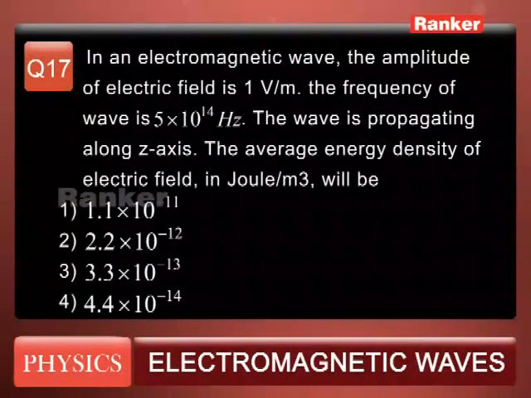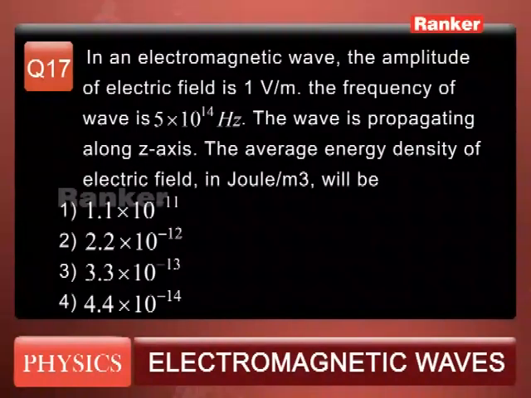The question number 17 is like this. In an electromagnetic wave, the amplitude of electric field is 1 volt per meter and the frequency of wave is 5 into 10 to the power 14 hertz. The wave is propagating along z-axis. The average energy density of electric field in joule per meter cube will be.